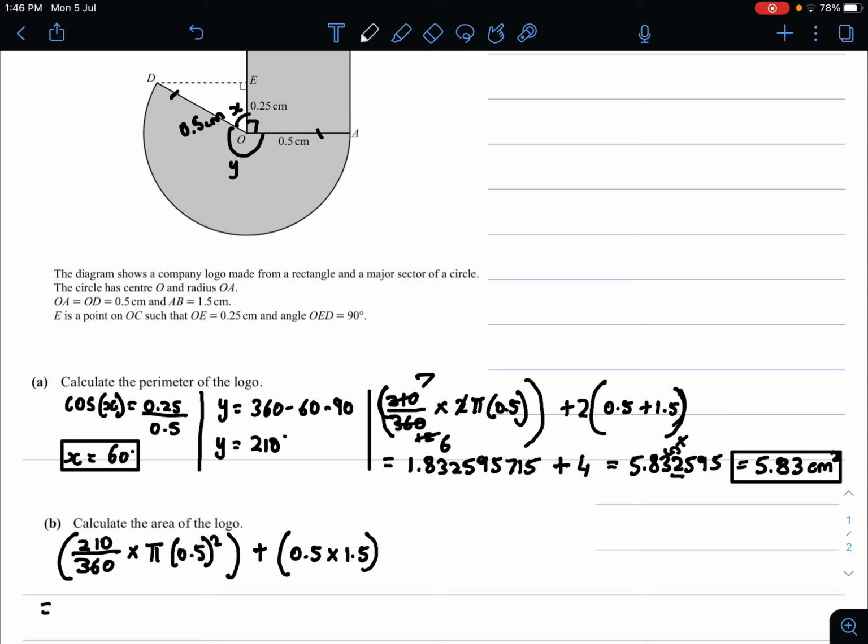So again, all you need to do is simplify and then solve. So 210 by 360 again will give you 7 by 12. Now 7 by 12 into pi into 0.5 square will give you 0.4581489.